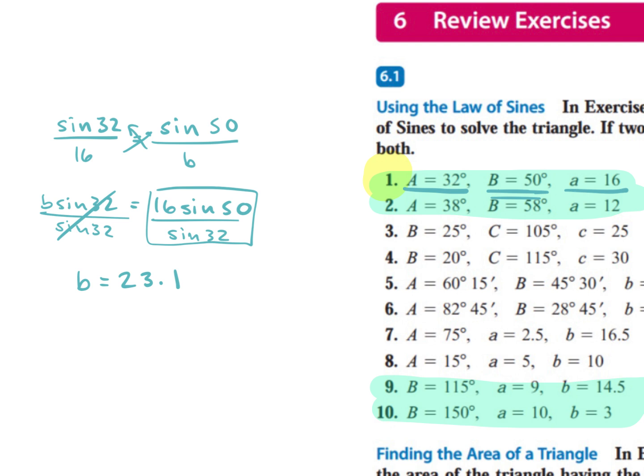To find angle C, we have 2 angles, so we can just add them together and subtract from 180. So for angle C, we can do 180 minus 32 minus 50, which would give us 98. So angle C would be 98 degrees.